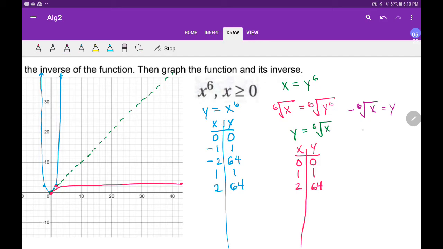How about that? Well, now if I do that, I won't have to make a very big chart. I've been making these huge charts for not much. And now just everything becomes negative. So if it's 64, I take the sixth root of 64, that's negative 2. Okay, so when I fill this out, or I attempt to fill this out, I still go 0, 0, and 1 gives me negative 1, and then negative 2 gets me way over here.